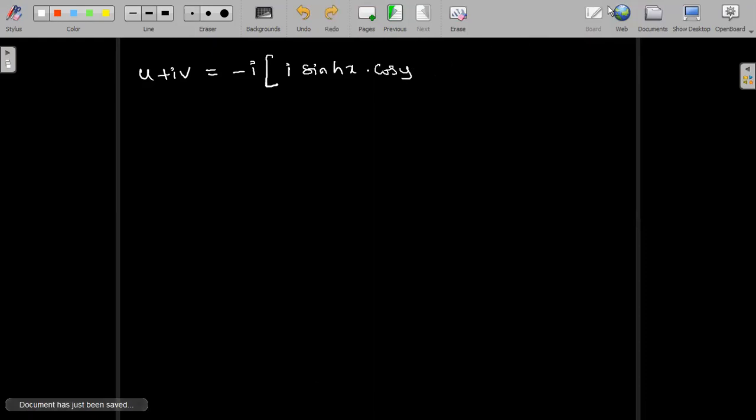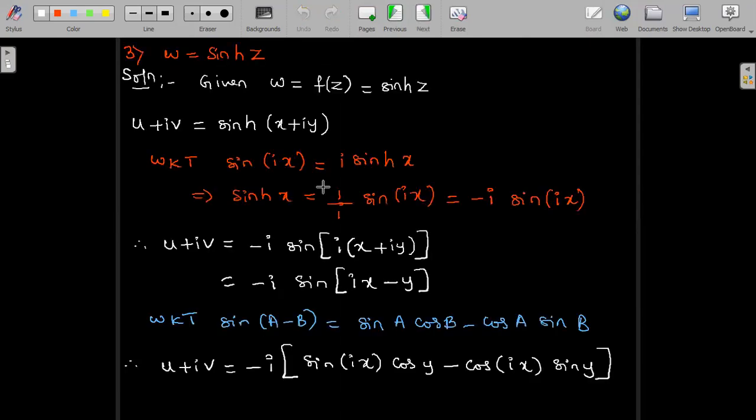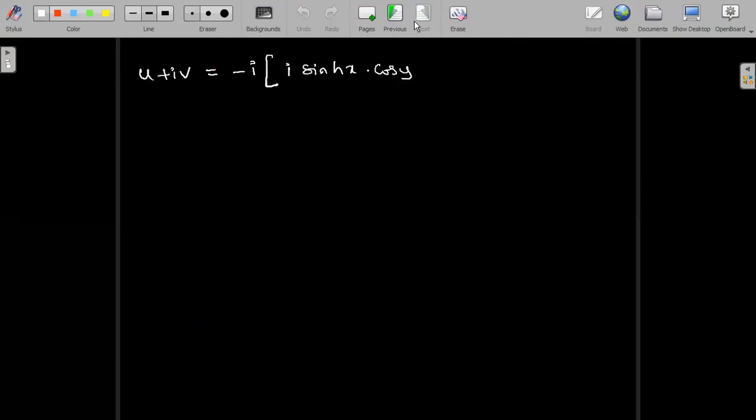We'll just see that once in the previous page. I have just represented sine ix as i into sine hyperbolic x. Cos ix can be written as cos hyperbolic x. So there's a minus sign, minus cos hyperbolic x multiplied by sine y as it is.